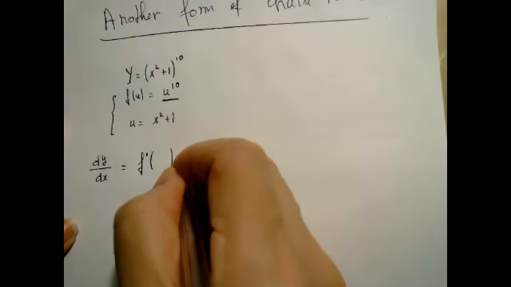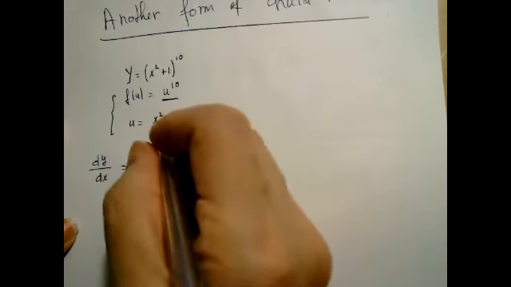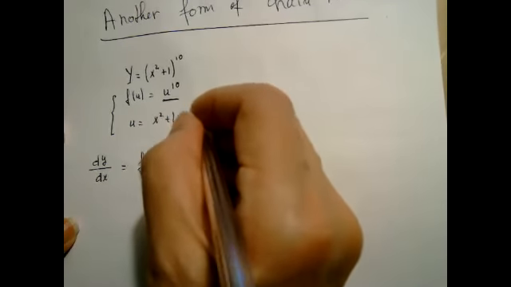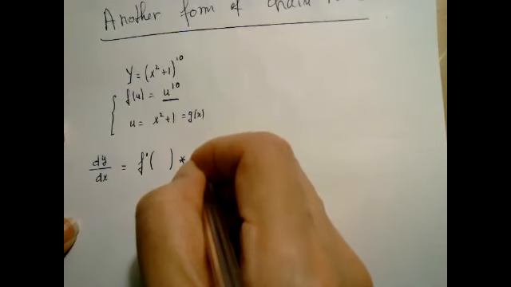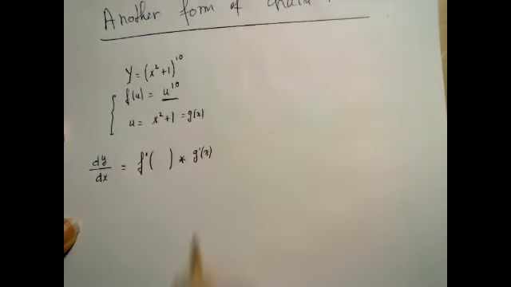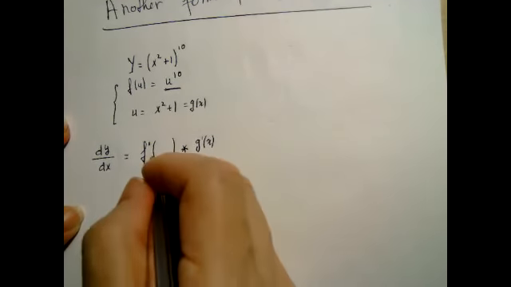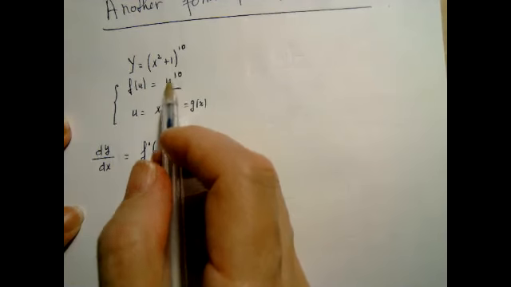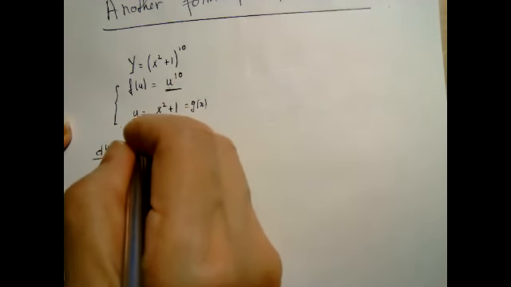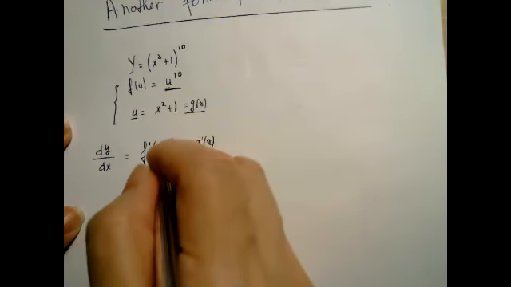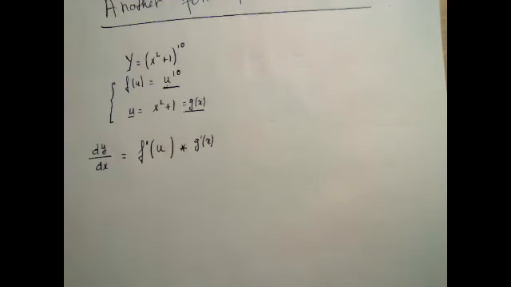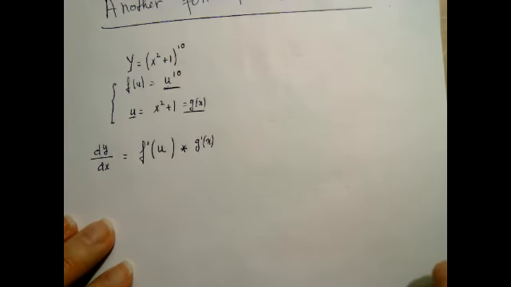We computed f prime, and then we multiplied it by g prime. So here we found f prime, but then we evaluated at whatever I put for u. I'm going to put u in this particular issue to explain the idea.